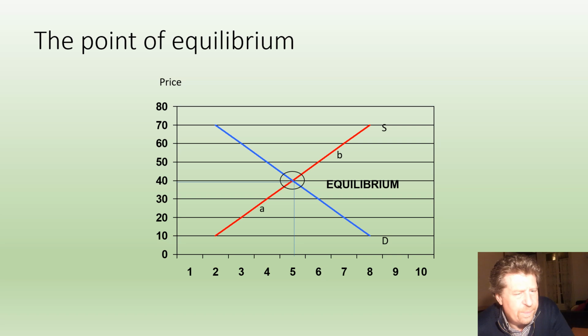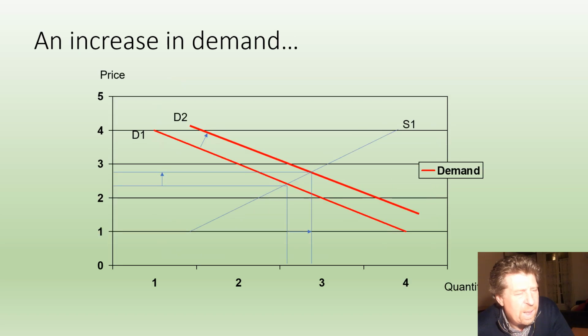Now, there can be shifts in demand. There can be big, fundamental changes in demand. If something fundamentally changes, for example, if people suddenly have a lot more money in their pockets because there's been less tax, people have got more spending power, suddenly the whole line for demand will move.